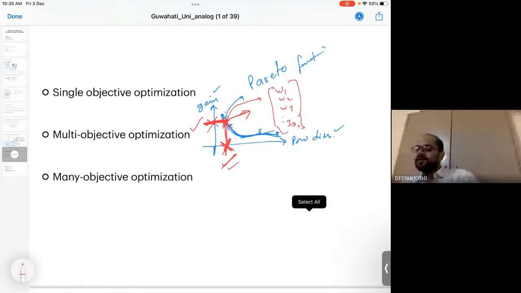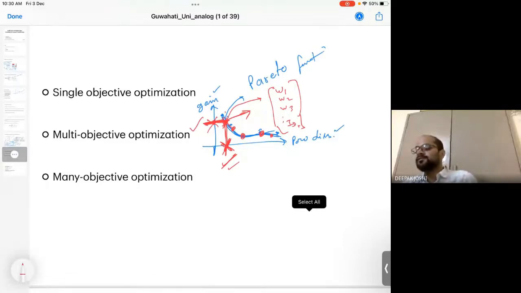So every such point represents a separate circuit, because a design vector is nothing but a circuit, since the topology is the same throughout this experiment.